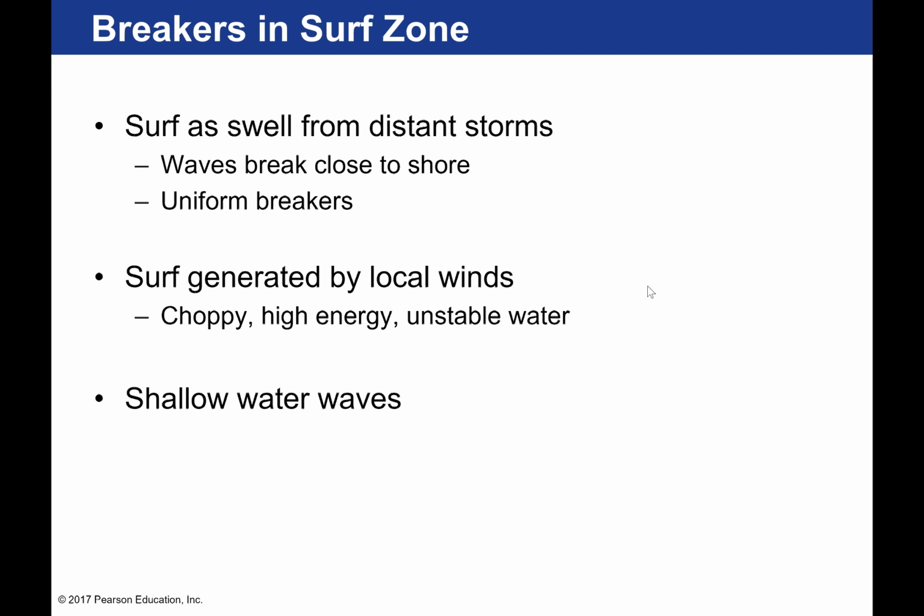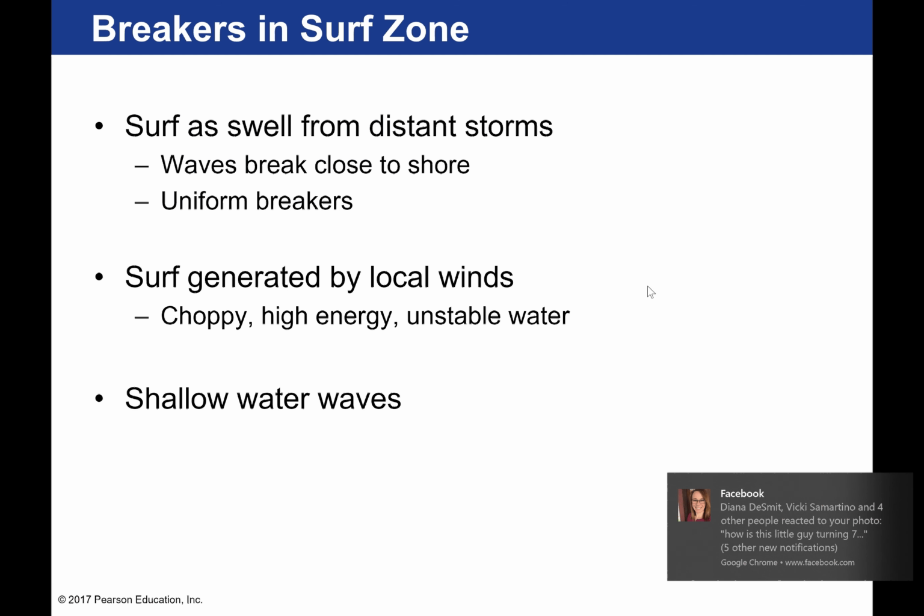Since we talked a little bit about breakers, I'm just going to finish that up in this section. It's a little preview to your next section. Basically what happens is that surf starts as swell from distant storms. We looked at sea, swell, and surf. The surf starts as that swell moving in, but as they get closer to shore, the waves actually begin to break.